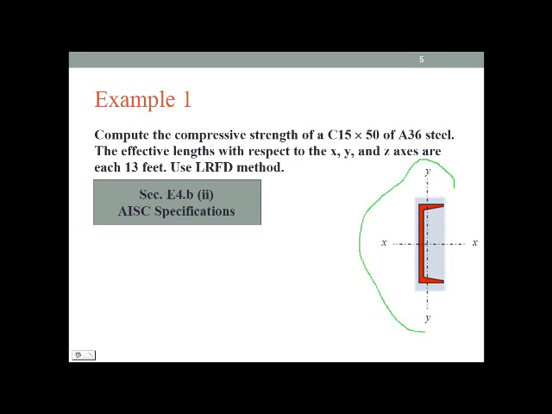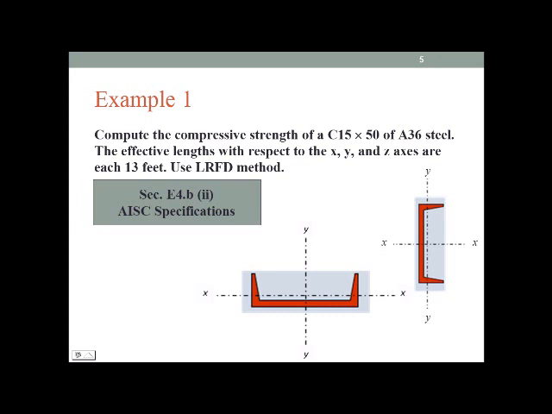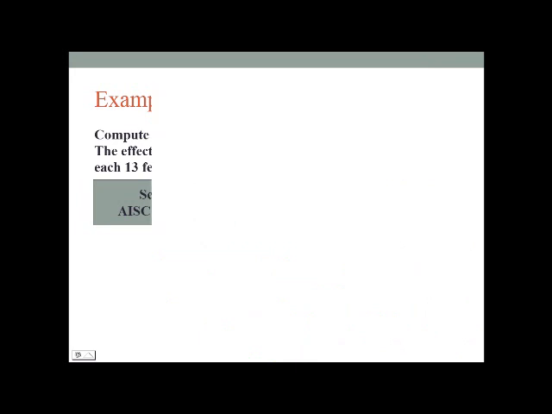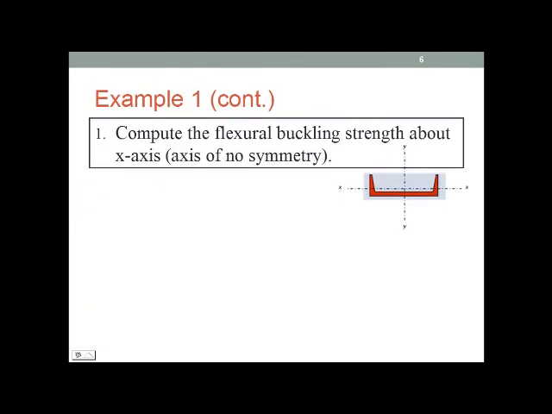This figure shows the original position of the cross-section. Now we need to align our section so that the y-axis is the axis of symmetry and the x-axis is the axis of no symmetry. 1. Compute the flexural buckling strength about the x-axis, the axis of no symmetry.